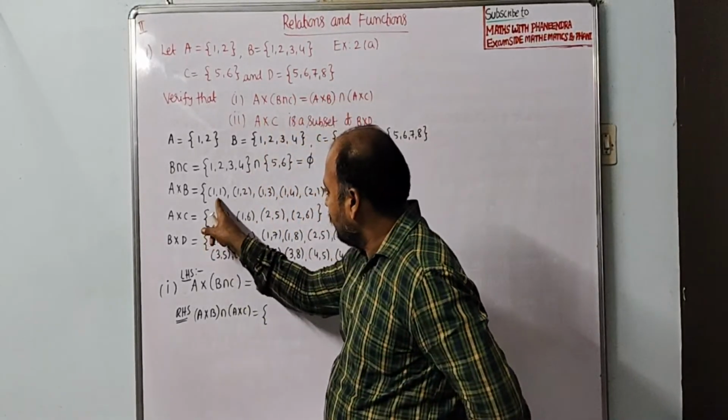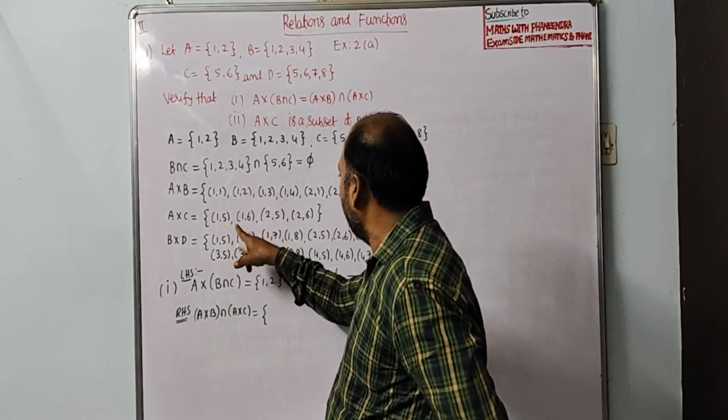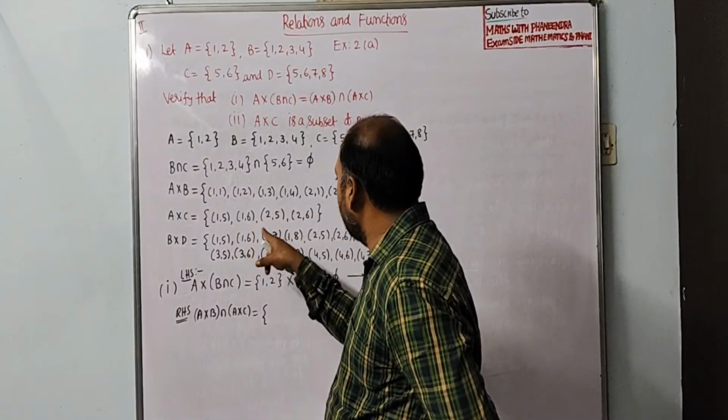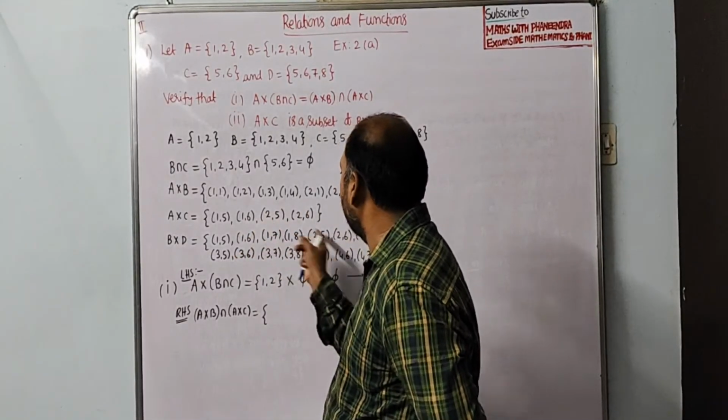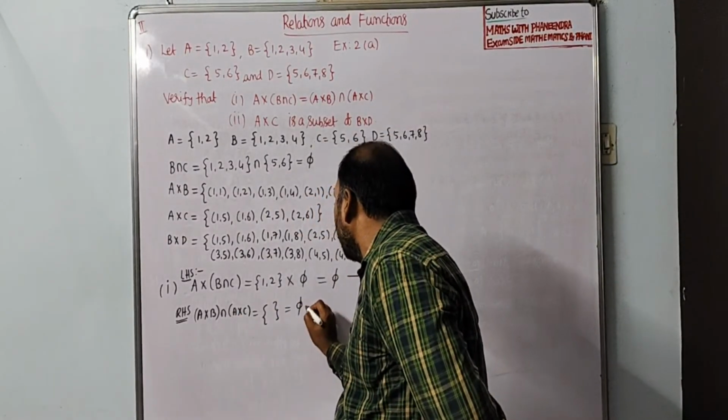See, (1, 1), no element is common. (1, 2), there is no common. (1, 3), (1, 4), (1, 2), (2, 2), (2, 3), (2, 4). So there is no common element, which is also equal to the null set.